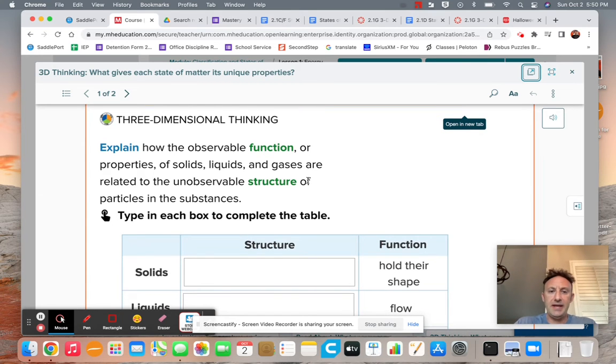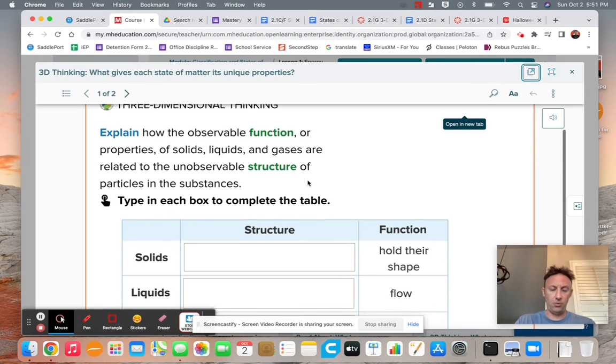It says explain how the observable function, what you see in your model, or the properties of solids, liquids, and gases are related to the unobservable structure. What their job is when it comes to their function, their shape, and their volume, how does that relate to their structure?